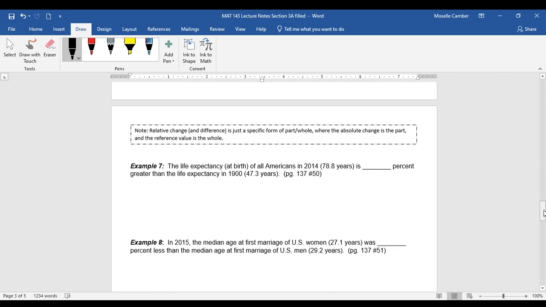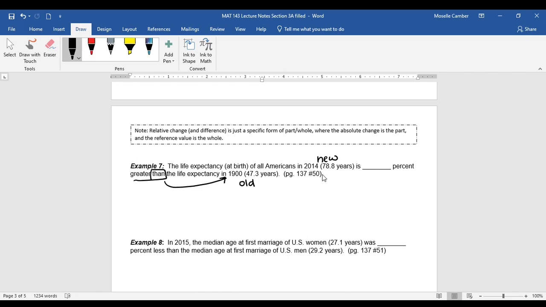So let's look at some examples. So the life expectancy at birth of all Americans in 2014, which was 78.8 years, is what percent greater than life expectancy in 1900? Okay, so we have this greater than. So what is after the then is your old.